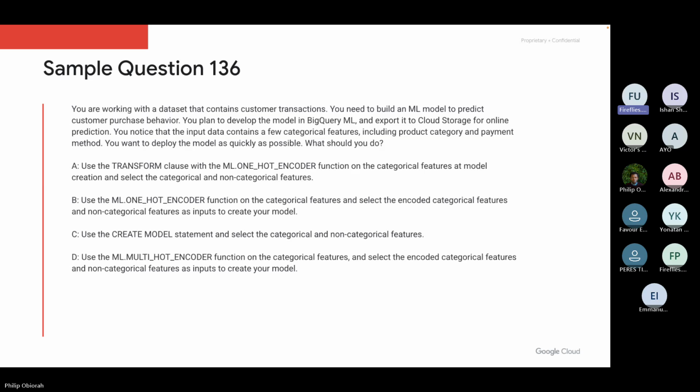Okay, so now, any suggestions? Do we continue? Oh, someone said A. Why do you choose A?